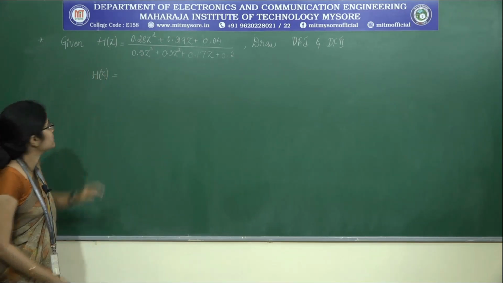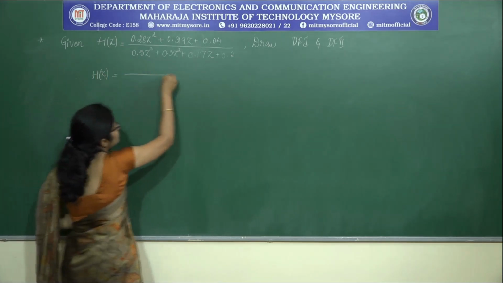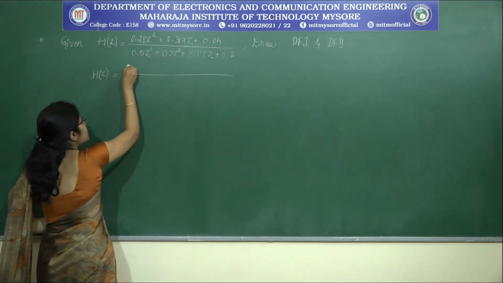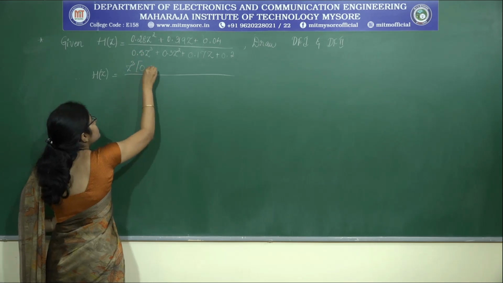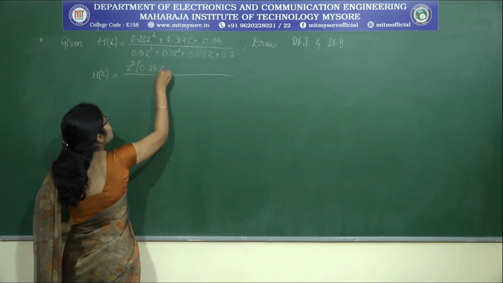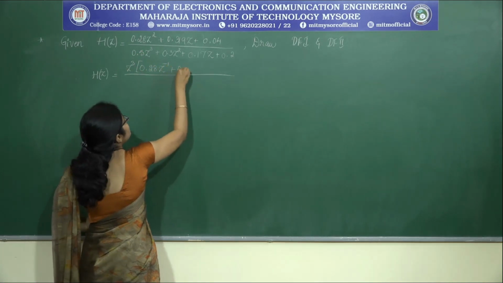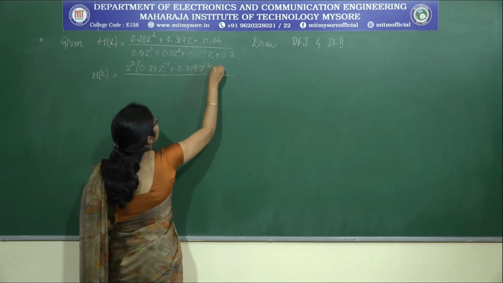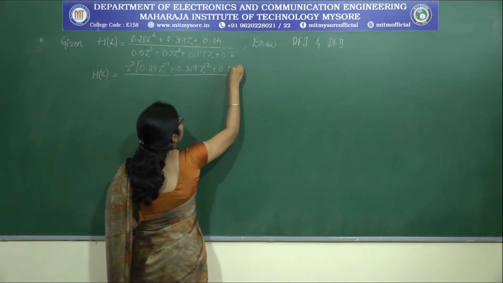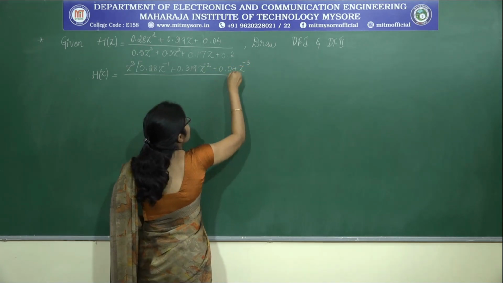Taking the transfer function, if I start deriving the difference equation, let us take z cube as the common element in the numerator. So what is left out? 0.28 into z power minus 1 plus 0.319 into z power minus 2 plus 0.04 into z power minus 3.